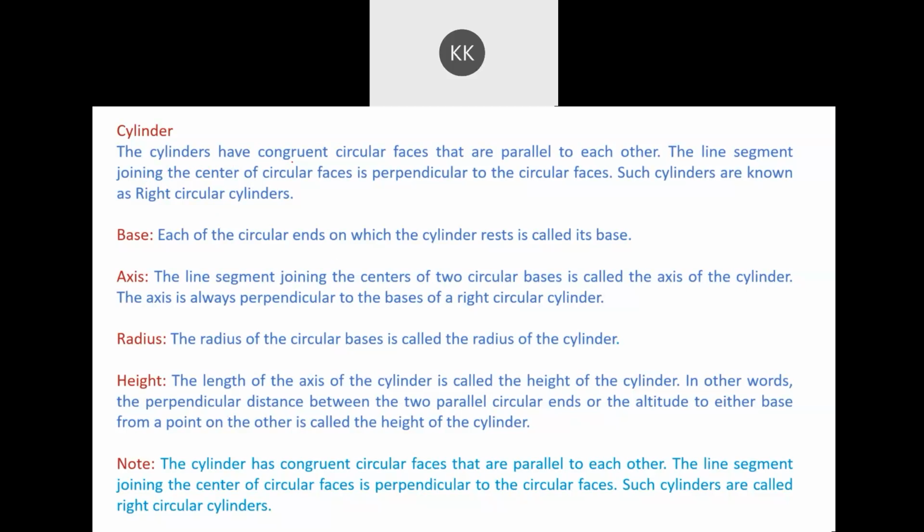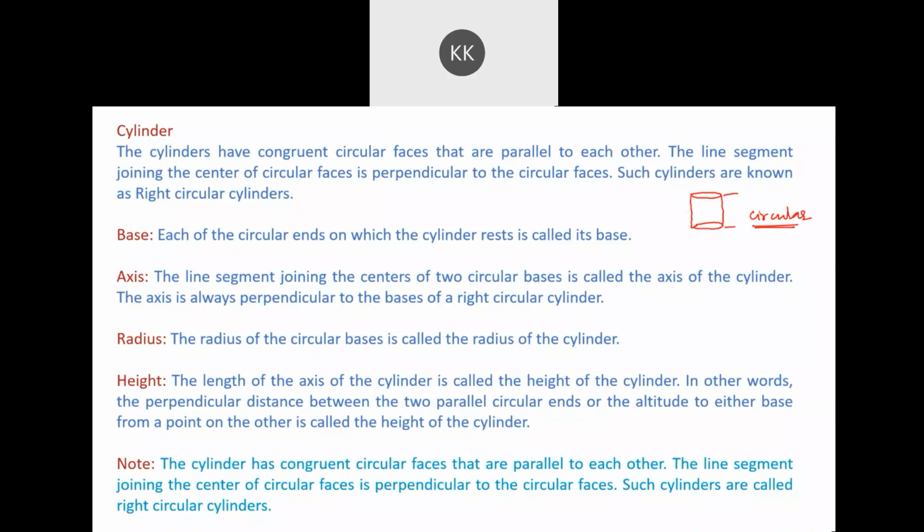The cylinder has congruent circular faces that are parallel to each other. When we draw a cylinder, we know that the upper and lower bases are circular, and they will be parallel to each other.